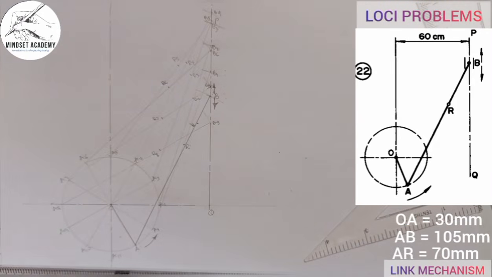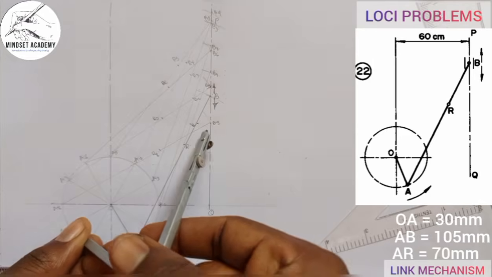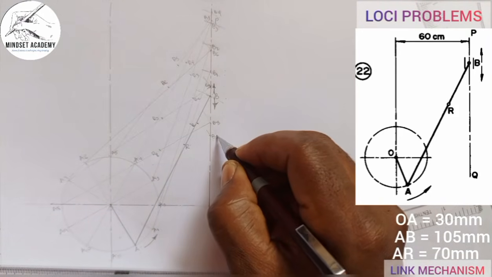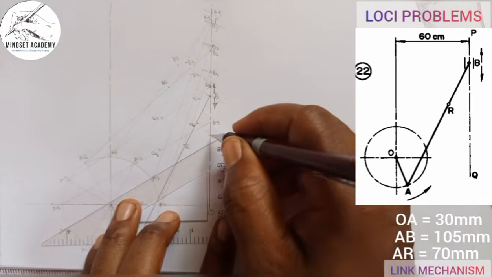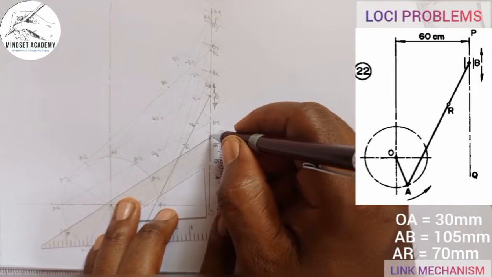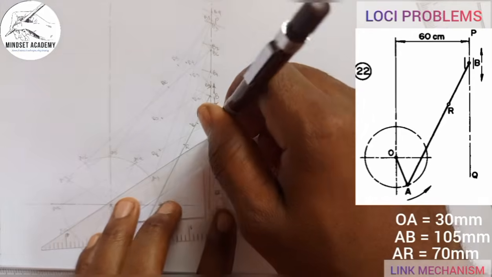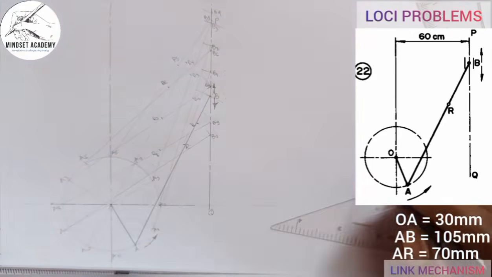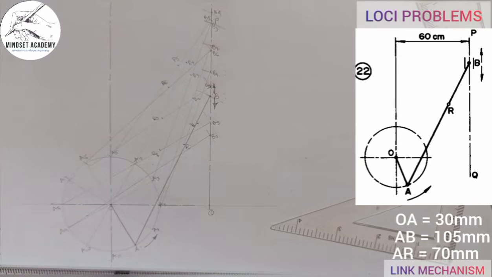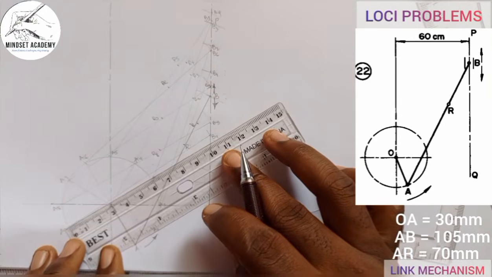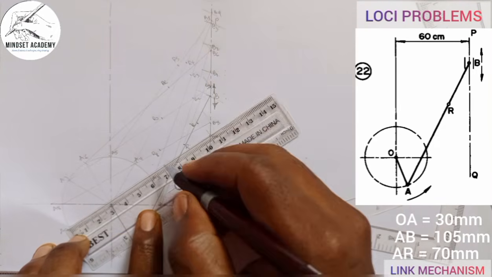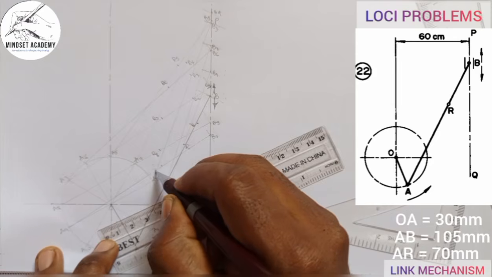Now from A9, I'm going to mark on it to get B9. So I'll connect A9 and B9 together, to get my R9 by measuring 70 from A9, to 70 here. That'll give me my R9.